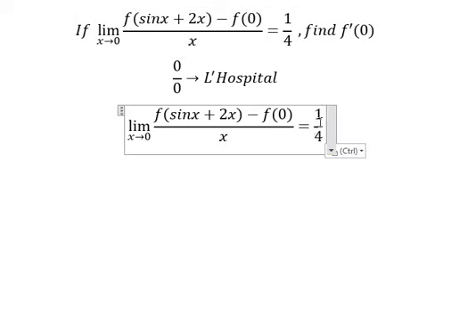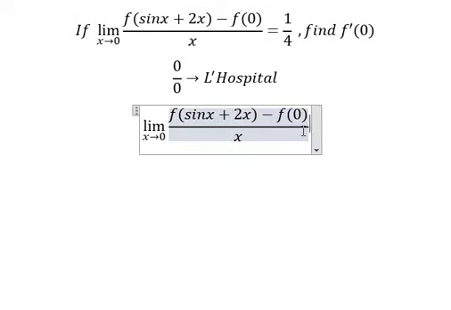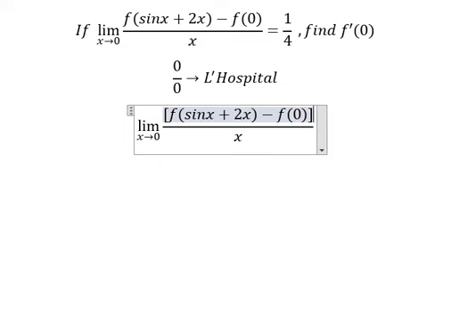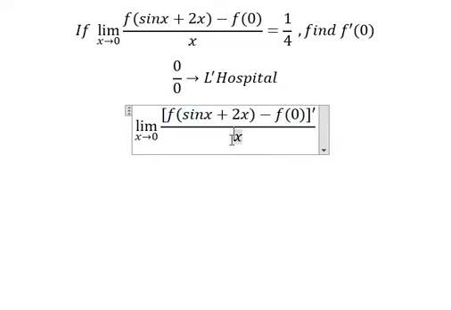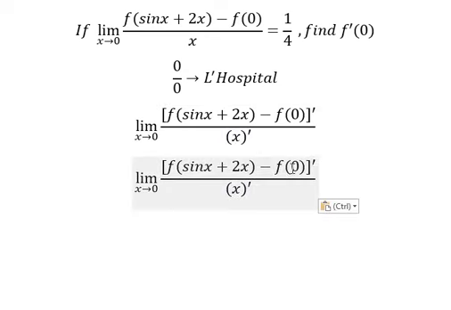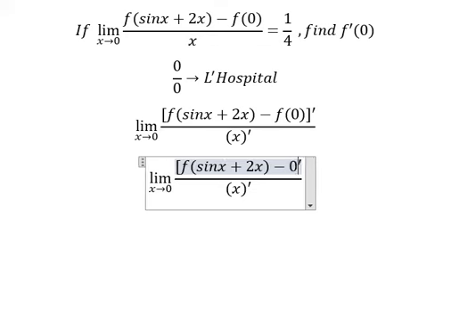Because this is the value, I will put it another way. We need to take the first derivative of the numerator and the denominator. If I take the first derivative of f of 0, this is a number, so you get 0.